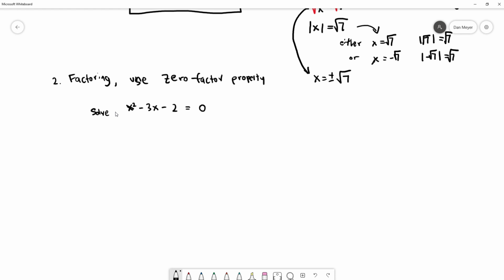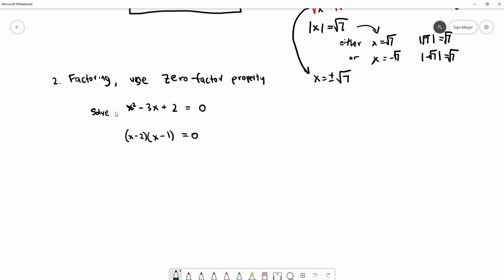We could factor the polynomial here. This polynomial factors, that should be a plus 2. Bam. It factors into x minus 2 times x minus 1 is equal to 0. So we can factor this quadratic.